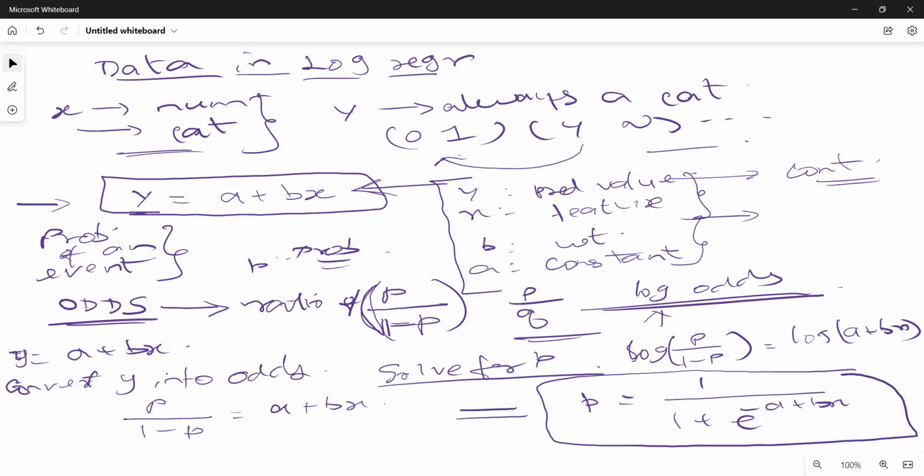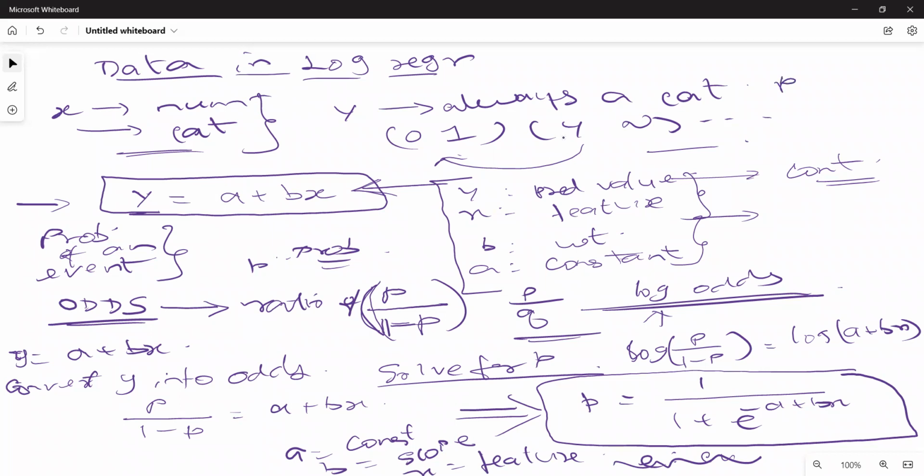Okay, this is the final equation. So what is the probability of an event occurring? It is 1 upon 1 plus e raised to minus (a plus bx), where a is the constant term, b is the slope, and x is the feature. And e, of course, is the Euler's number, approximately 2.71. Okay, so this is the equation that gets formed in a logistic regression, and the value of p.